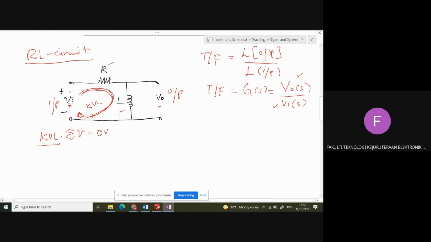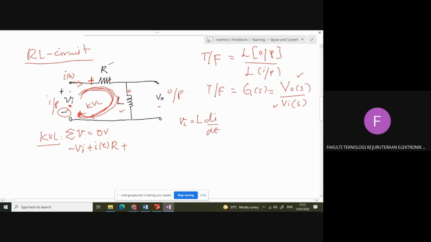So we do KVL here: minus Vi, plus the current I(t) in the t domain times R, plus the voltage at the inductor, which is L di over dt.